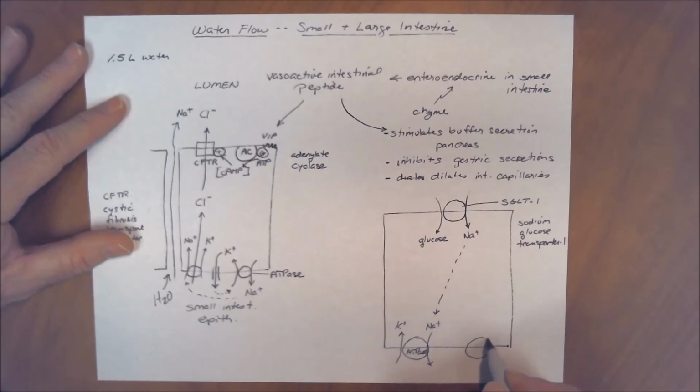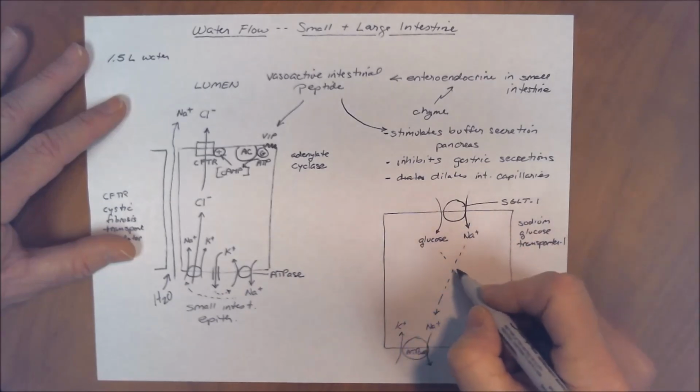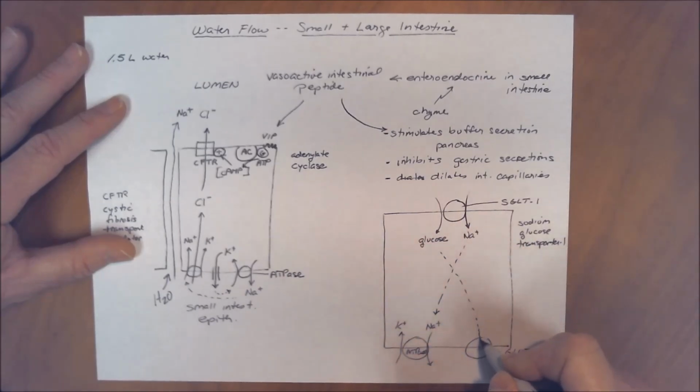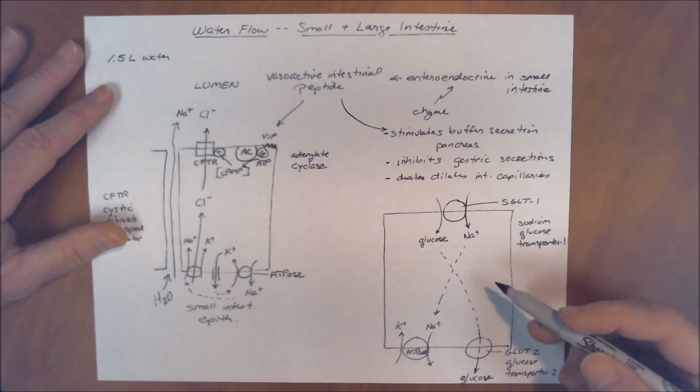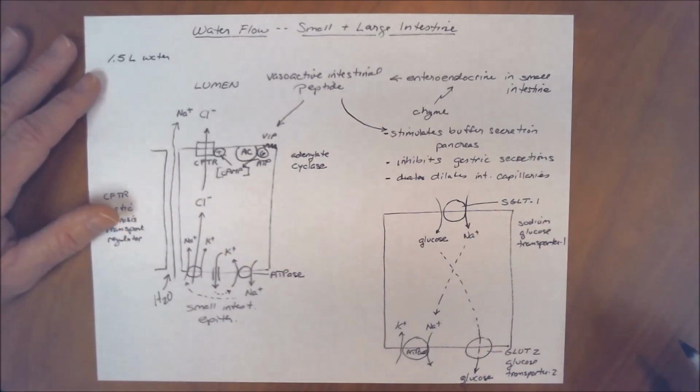And the transporter on the basal surface is called GLUT2, for glucose transporter, type 2. This transporter is able to respond to the chemical gradient of glucose that's in the cell created by SGLT1 and transport glucose.